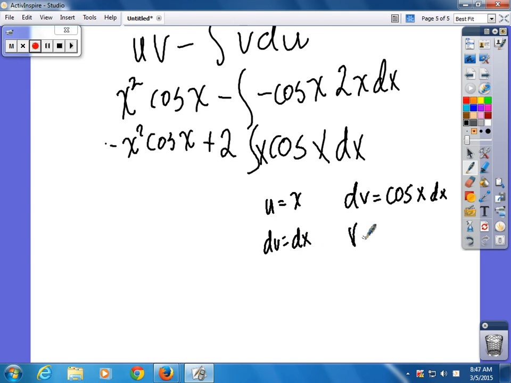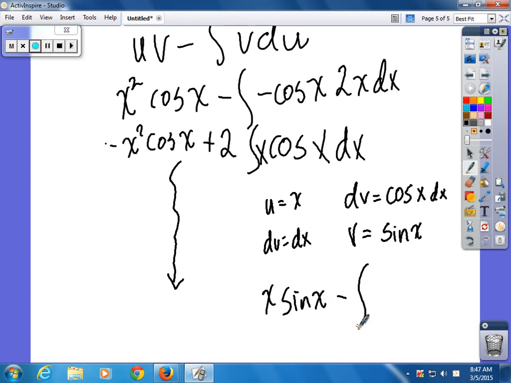And v is equal to the antiderivative of the cosine, which is the what? Sine. So x sine of x minus the antiderivative of sine of x dx.